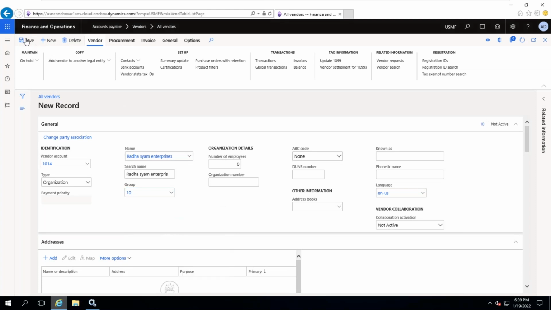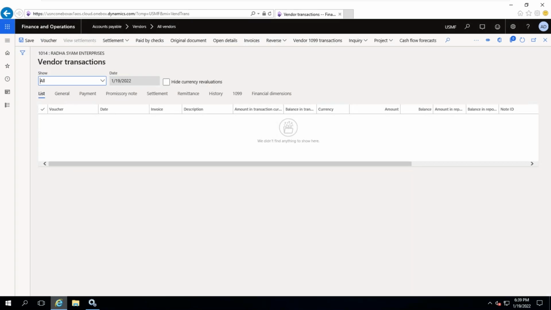Okay, save. Fine, so the vendor is created. For this vendor, if you verify the transactions, it is blank. So now we can clearly understand what is going on in this process.